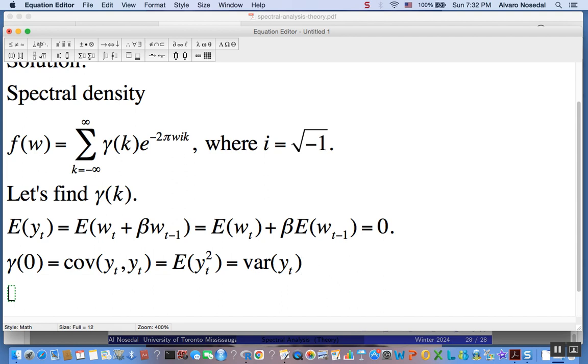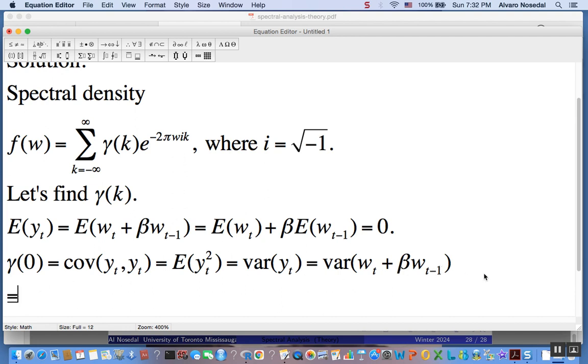So let me find it here underneath. So in this case, it will be the variance of, this is the definition of yt, right, or y at t. So we have W at t plus beta times W at t minus 1. Okay, let me continue here on the next line. So we have the variance of a sum.